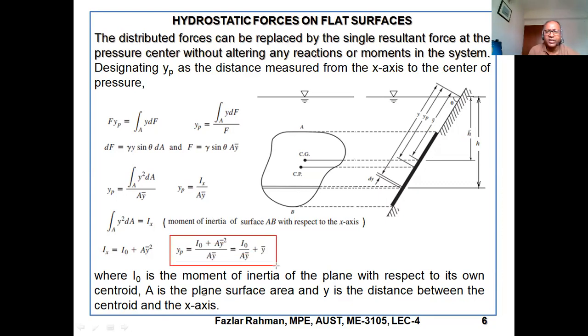So from the equation, which one is bigger? Yp or y bar? Anyone? This is my Yp, and this is my y bar. What is the y bar? Location of the CG, and Yp location of the pressure center. So you look at this area on the right side and tell me which one is bigger from the equation.